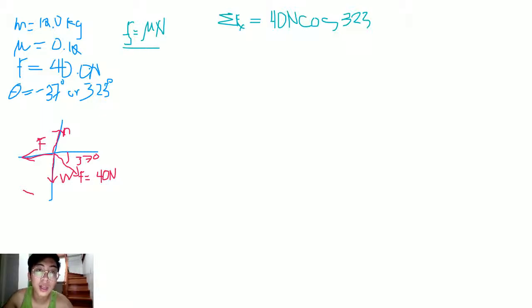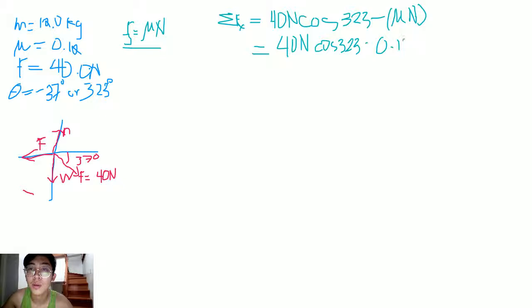So, ito yung gagamitin natin. So, minus, kasi nga negative yung ating friction, minus F. So, magiging minus mu n. Wherein, alam natin yung mu natin ay equal to 0.12. And yung n natin is unknown. So, 40N cos 323 minus 0.12 n.